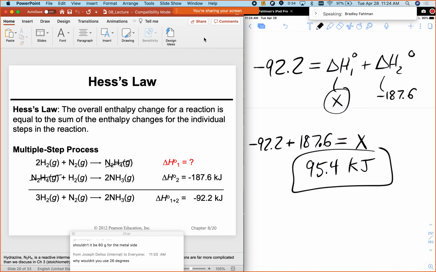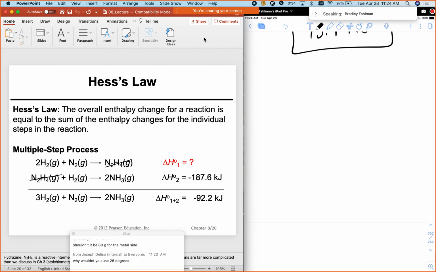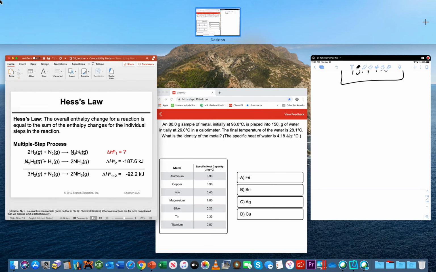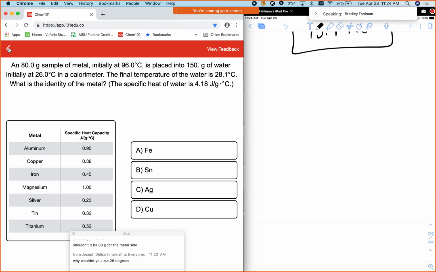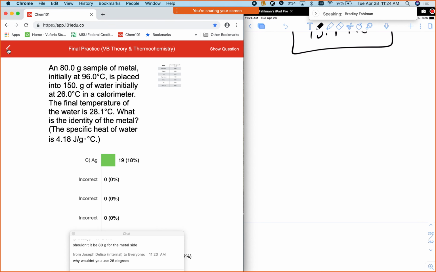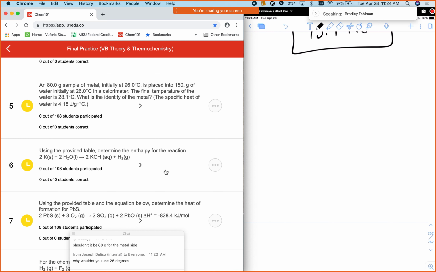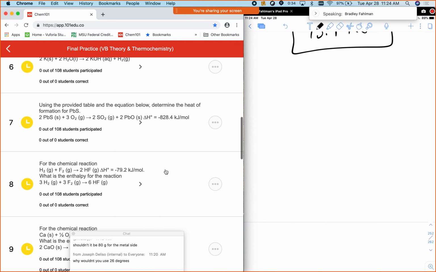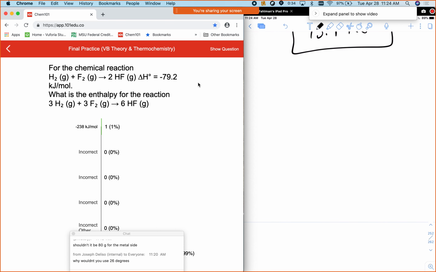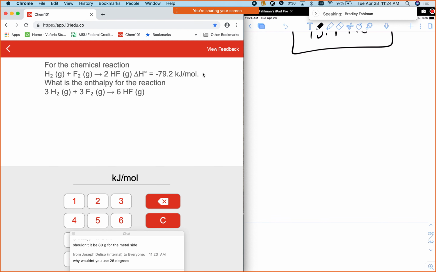Now let's talk about what you can do to add these different steps up. On the Chem 101 questions, here we go. There are two things you can do to an overall reaction.